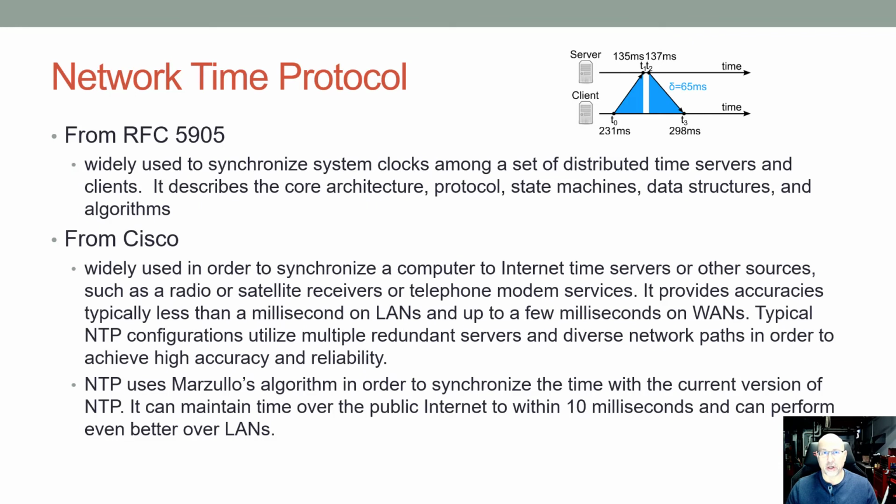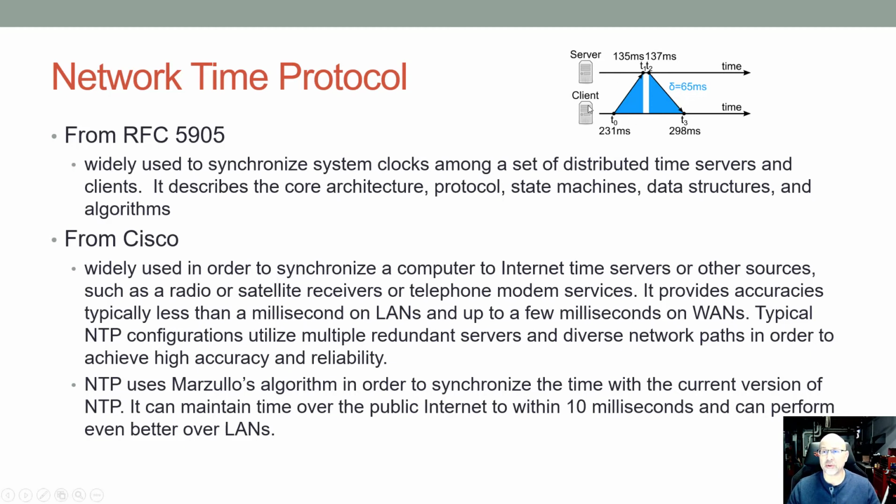So here is our network time RFC 5905, widely used to synchronize system clocks among a set of distributed time servers. Okay, so the network time servers talk to each other and they get their information from an authority of some kind, and then clients, whether it's actual PCs or other servers, get their time from the server.